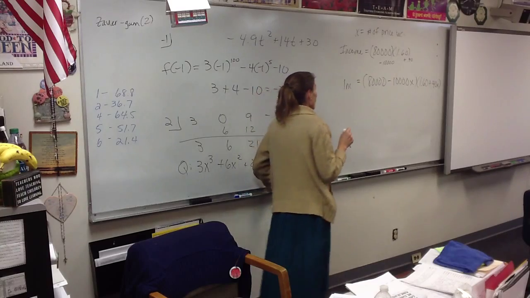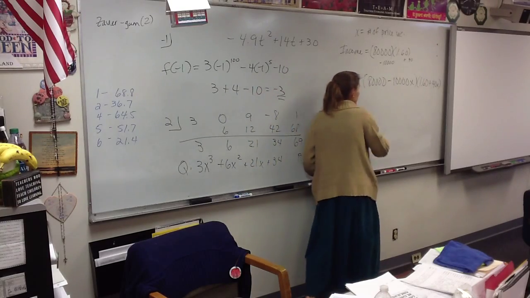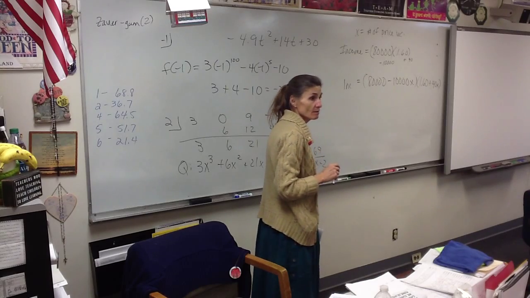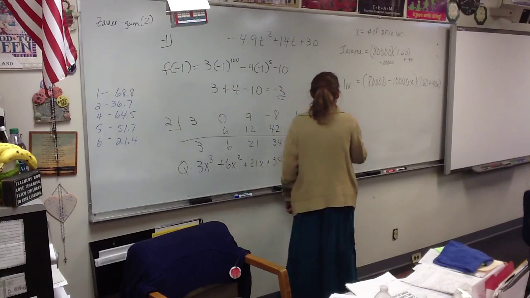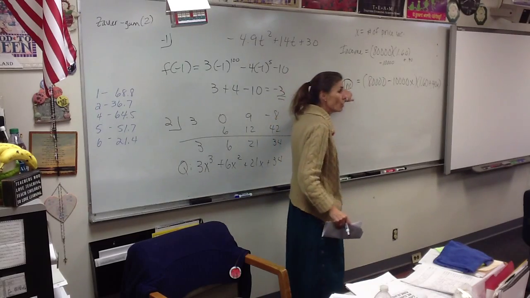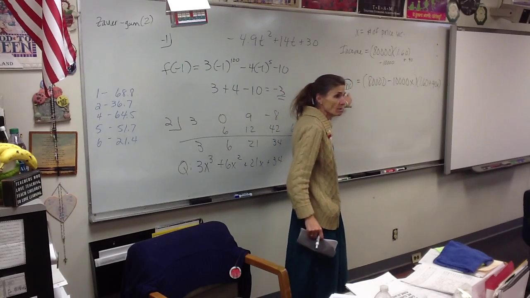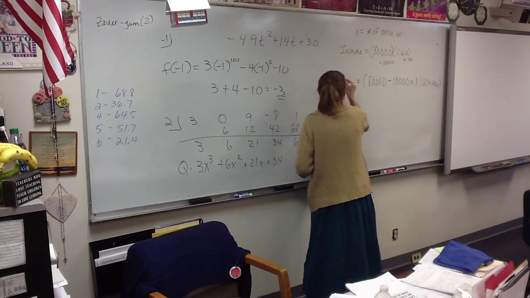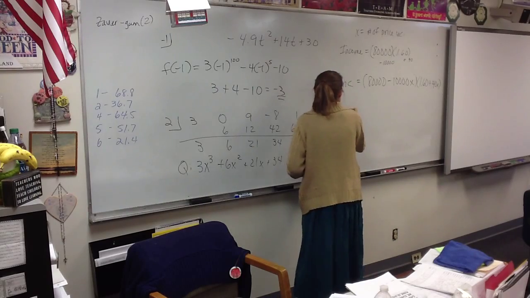Now, what do I want to know about this equation? Which means I want to find its vertex. You do not want to set it equal to 0 and solve it. Do you want your income to be 0? No, that would be silly. We want to find the vertex.